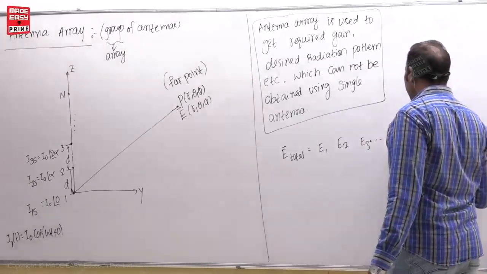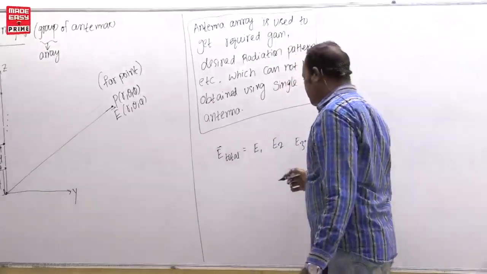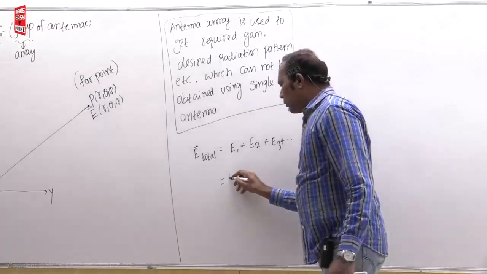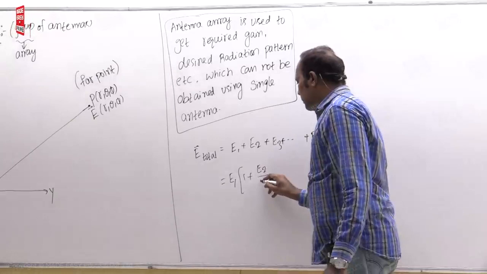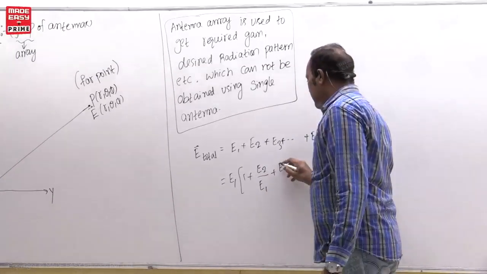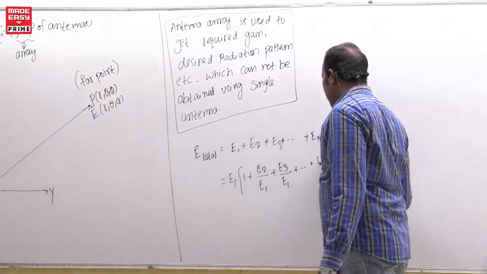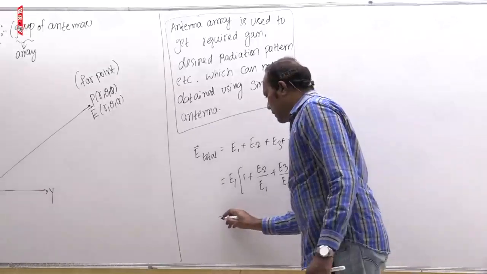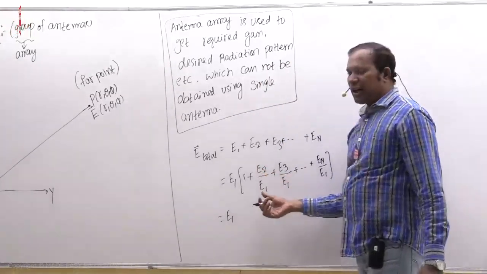Then for nth antenna, electric field here is En. Then total electric field is sum of them. Then what we do, E1 you take common. Then 1 plus E2 by E1 plus E3 by E1 plus and so on plus En by E1. So now this is E1 into, it is a ratio, electric field by electric field ratio.